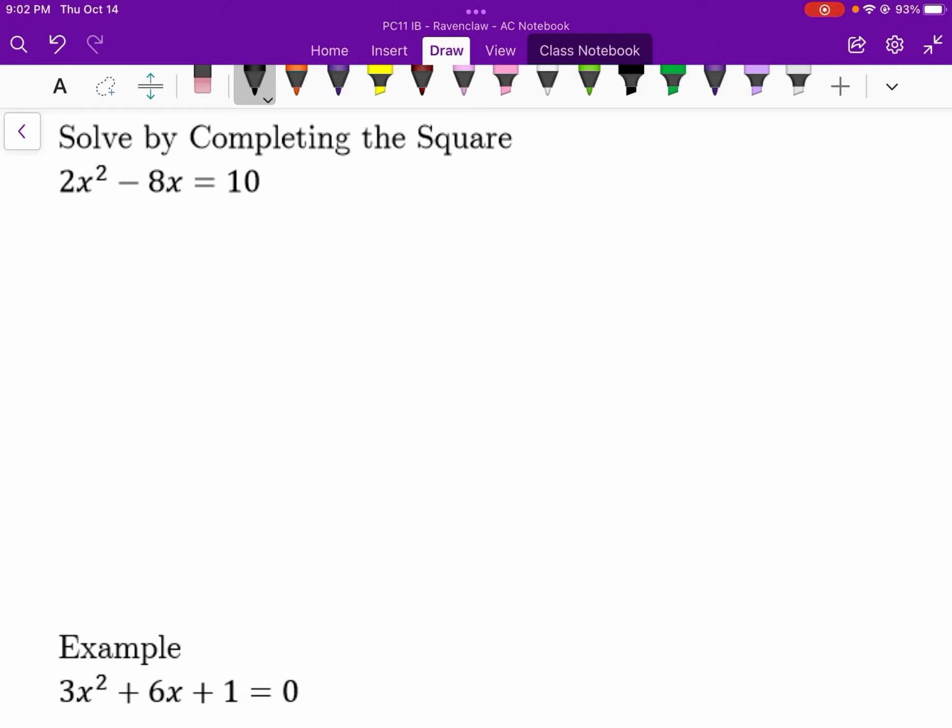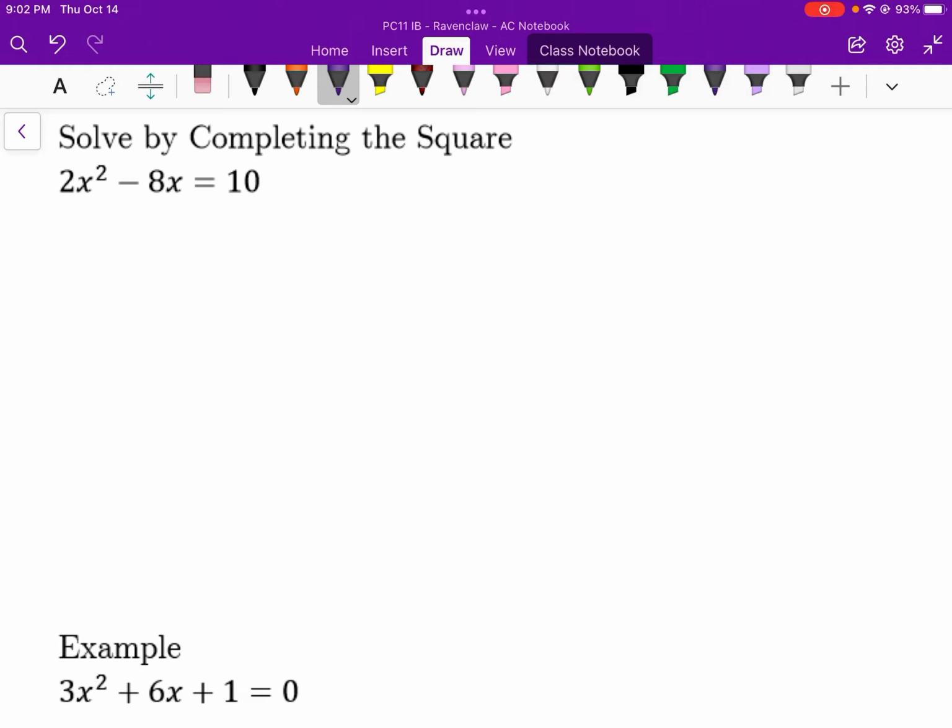Now we need to play the completing the square game. The variables are on one side, but what we see is that the coefficient in front of the x squared is not 1. In fact, it's 2. So how do we make it 1? Here's my solution. It's not a great solution.